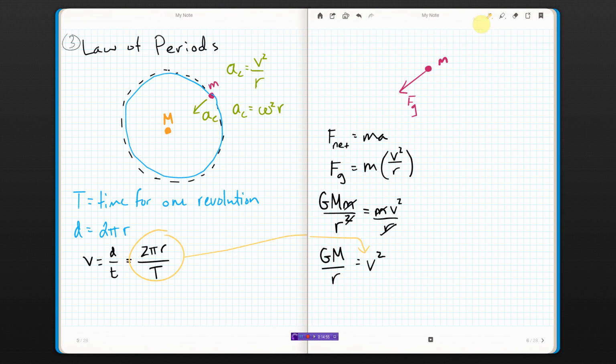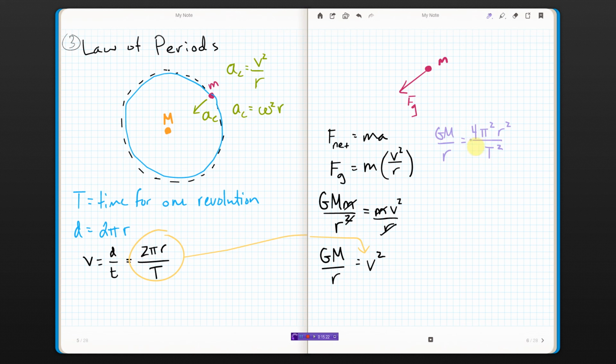Now I've got GM over r equals 2 pi r over T, all squared. If I square everything, I get 4 pi squared r squared over T squared.